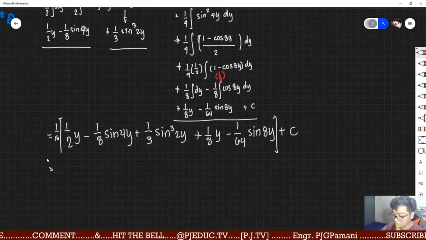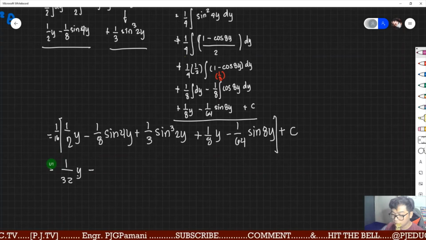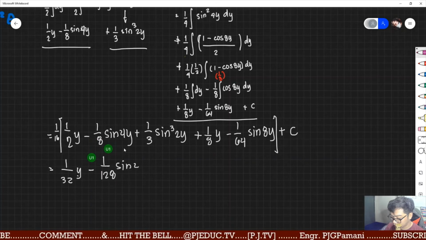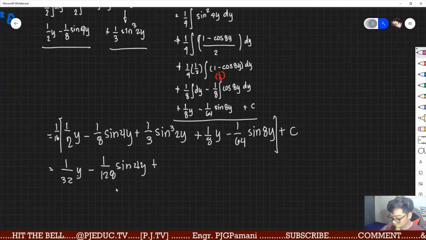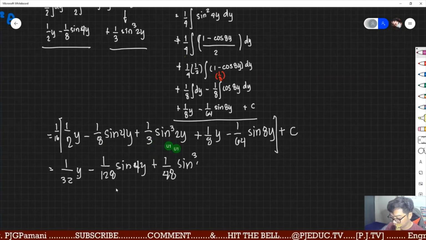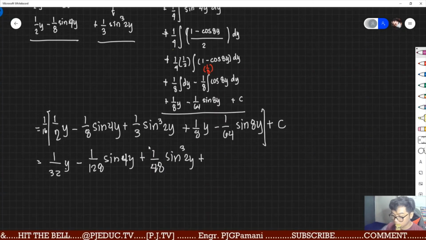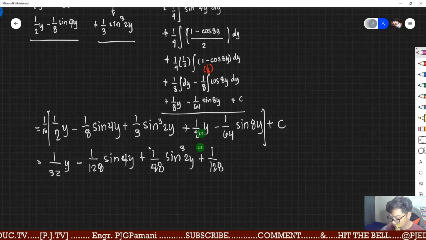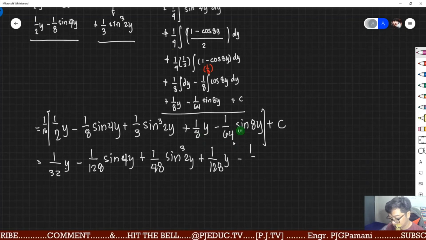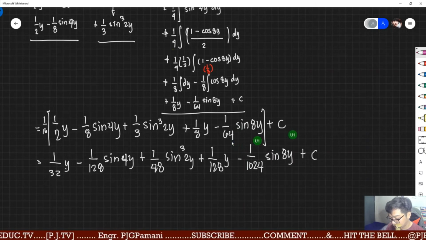So, 1/16 times 1 half is simply 1 over 32 y minus 1/16 times 1/8 is 1 over 128 sine 4y. 1/3 times 1/16, that is 1 over 48 sine cube 2y plus 1/8 times 1/16 is 1 over 128 y minus 1/16 times 1 over 64 is 1 over 1024 sine 8y plus c.